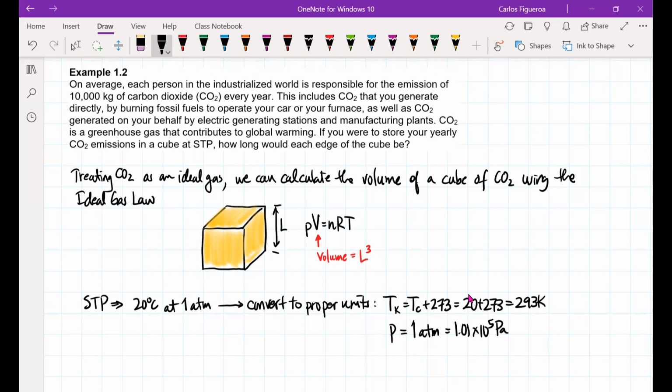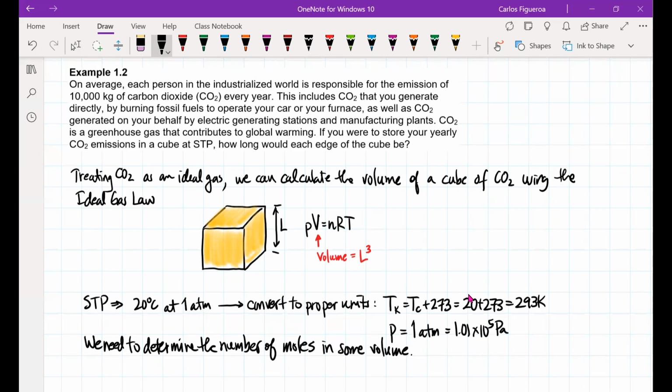You can see here that we need to determine the number of moles in some volume.